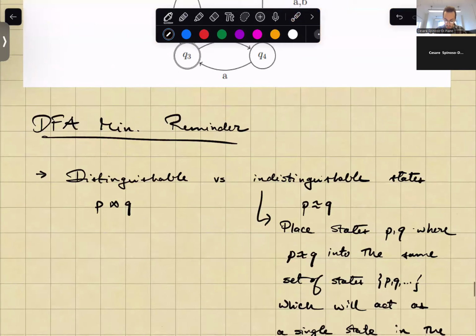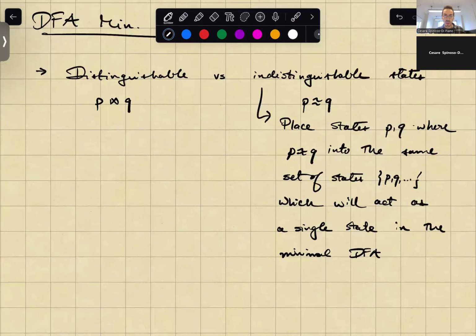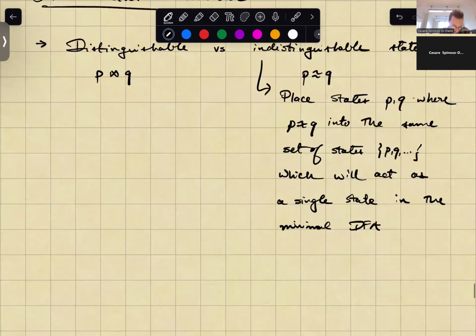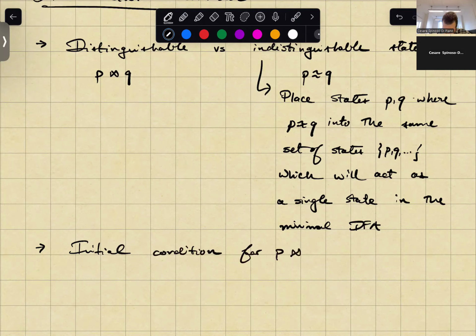Okay, so that's great in terms of intuition. How do you actually find indistinguishable and distinguishable pairs of states? This is a recursive procedure where the base case, or the initial condition for distinguishability, is if pairs of states are not both accept states or are not both non-accept states.